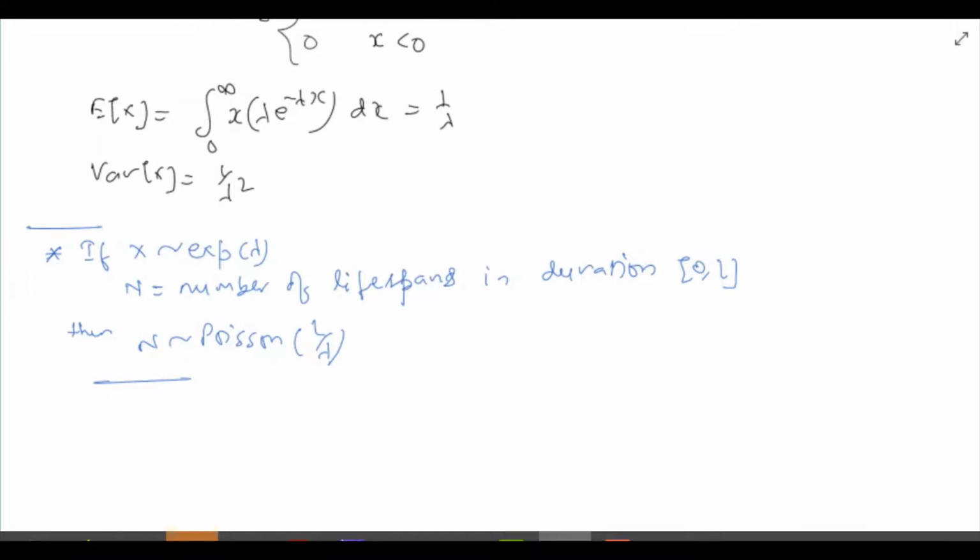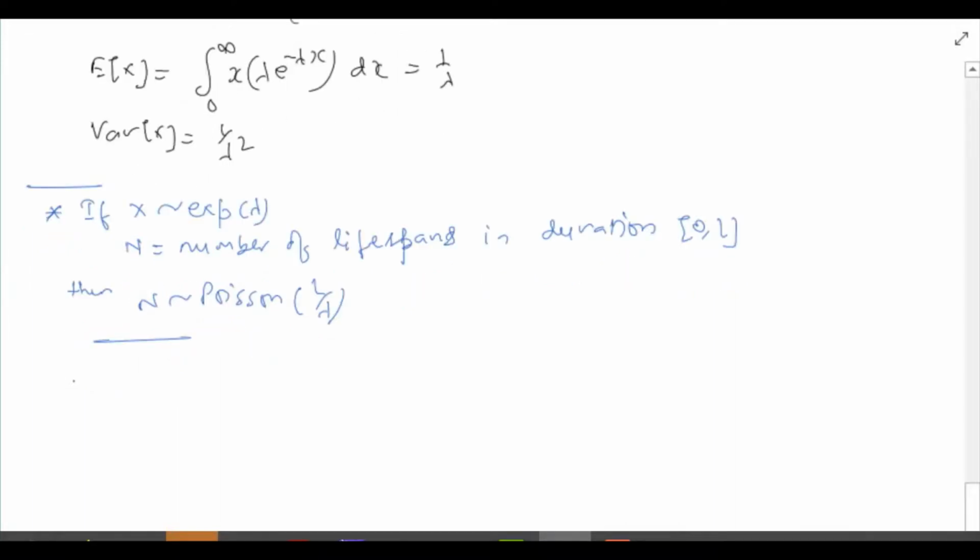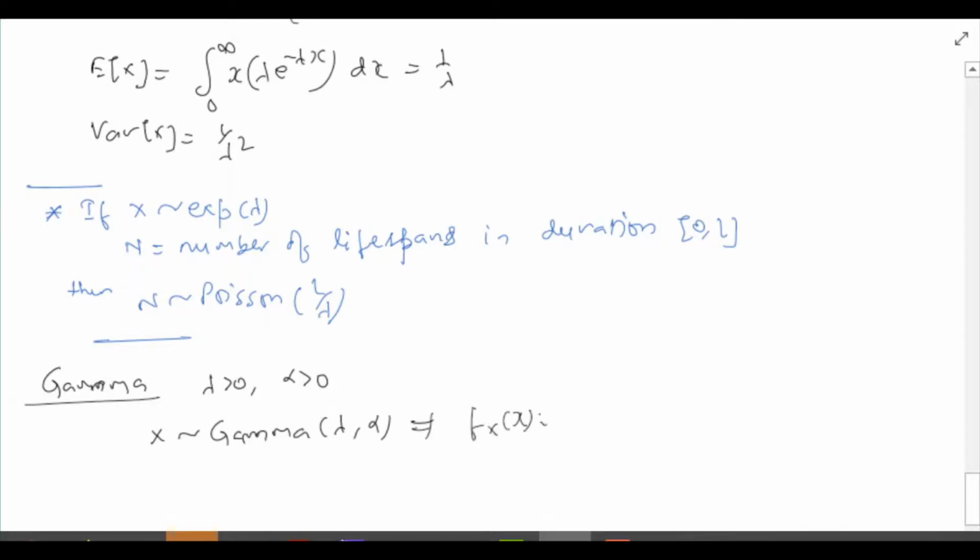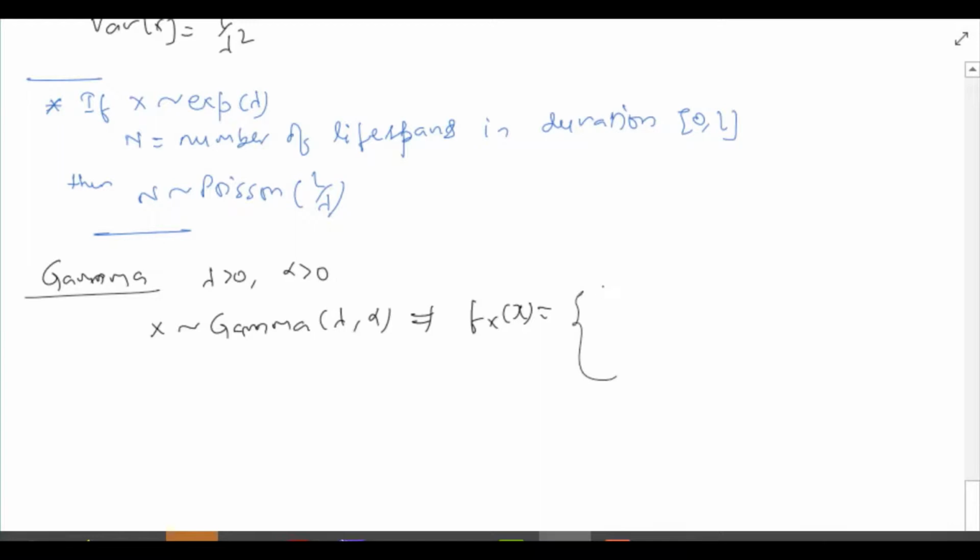The next distribution that we will see is also one very commonly encountered, and this is the gamma distribution. For constants lambda and alpha that are both positive, x is said to be gamma distributed with parameters lambda and alpha if it has density lambda raised to alpha, x raised to alpha minus 1, e raised to minus lambda x, divided by gamma alpha, for x greater than or equal to 0 and 0 for all negative values of x.